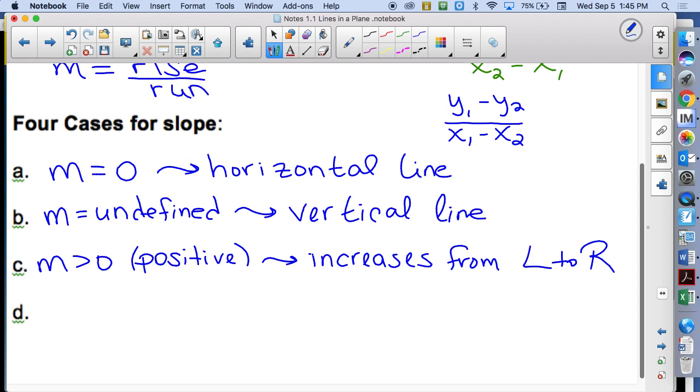And then, Asia, the last option would be negative, yeah. So when it's less than 0, we have a negative slope. And what kind of line would that be then, Asia? Decreases. Yeah.